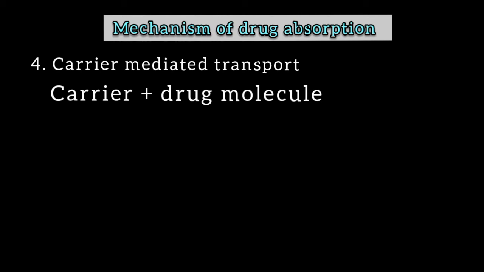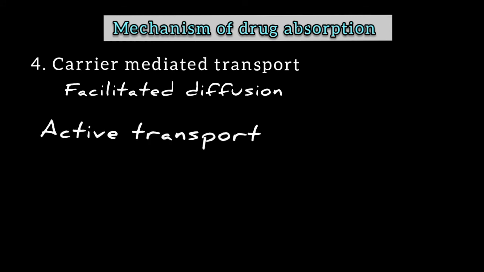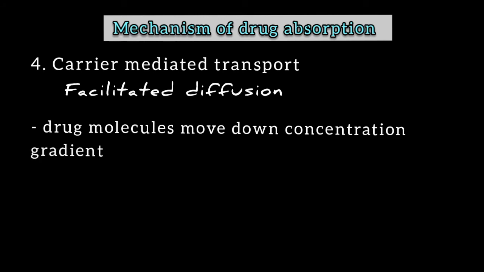There are two types of carrier-mediated transport, which is facilitated diffusion and active transport. Facilitated diffusion involves the drug molecules going down the concentration gradient, which means from a high concentration to a low concentration, and this is faster than passive diffusion.